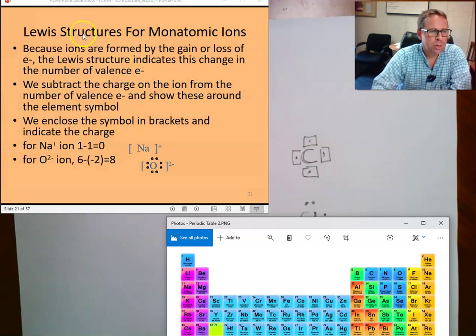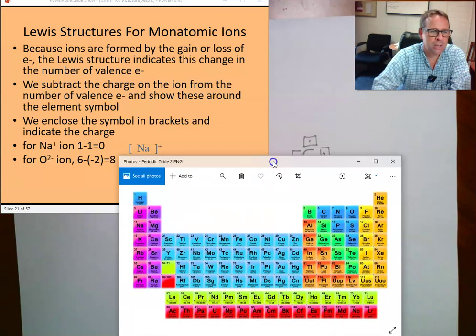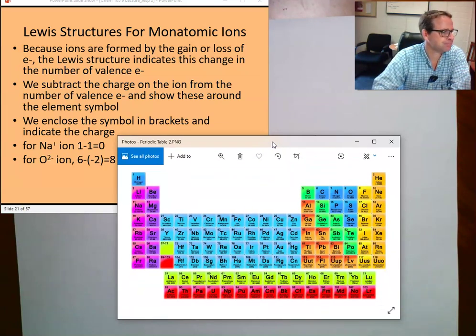Now, you can write Lewis structures for ions as well. Oxygen atom. How many valence electrons are in an atom of oxygen, Chance? That's 6. Very good.